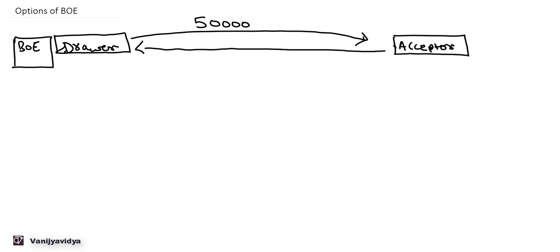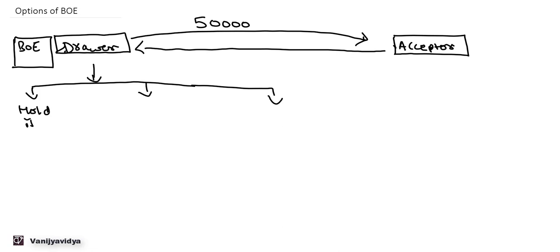Now this drawer has three options. Once he receives this bill of exchange, he has three options. What he can do is, he can hold this bill of exchange till maturity, or it can be endorsed to some other person.